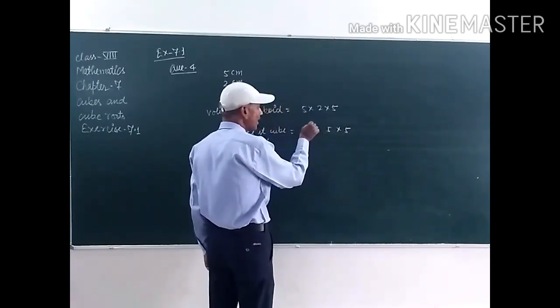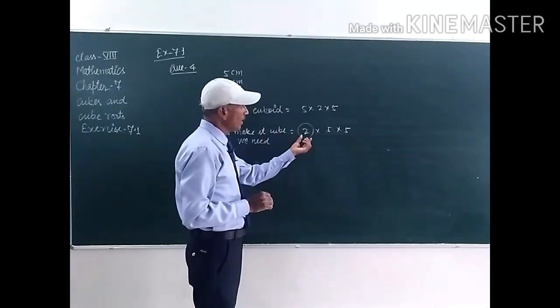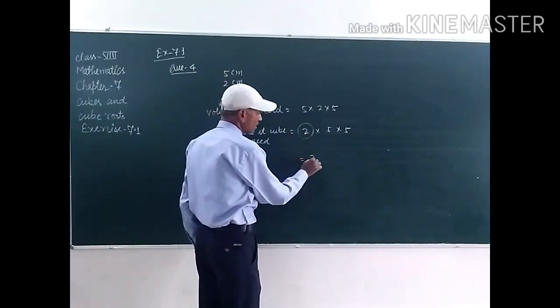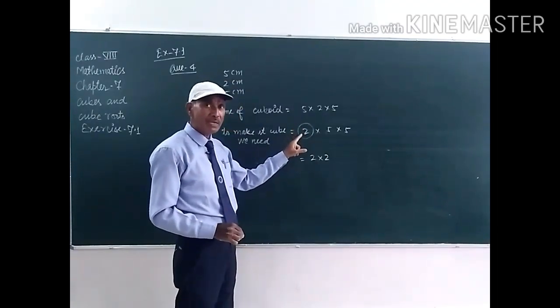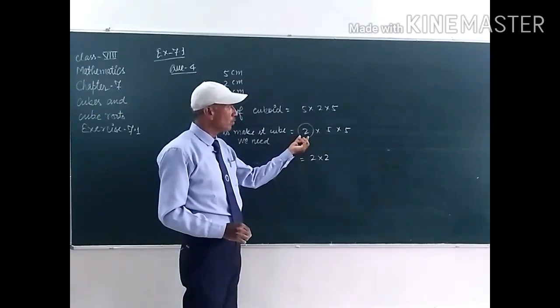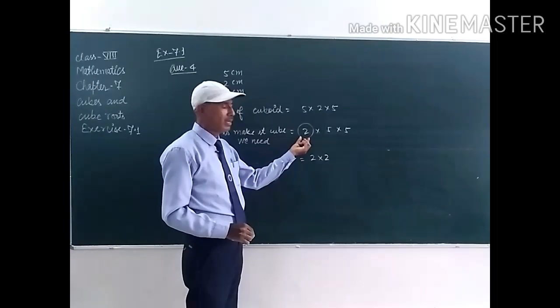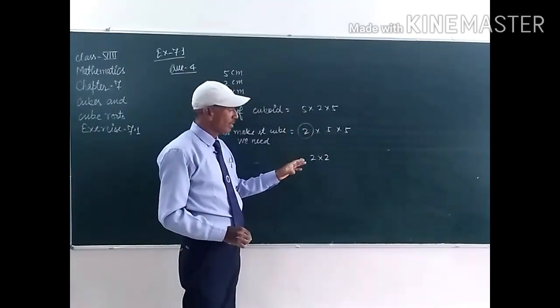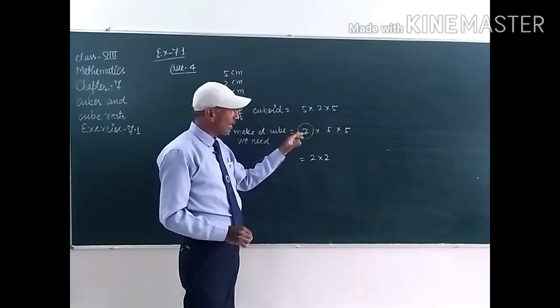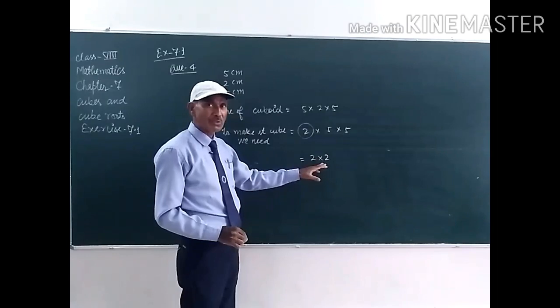To make the triplet complete, we need 2 more times. Clear, student? Because 2 is 1 time here, and if we want to make it cube, so we need 2 more times. So 2 into 2. So the triplet of this 2 will be completed, student.